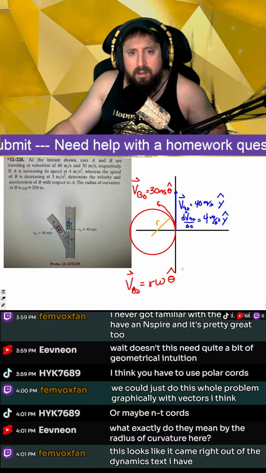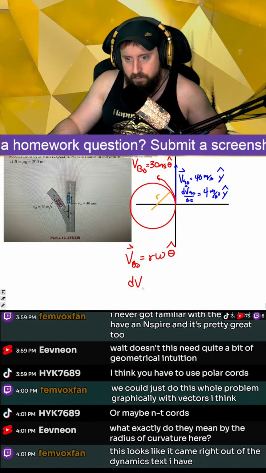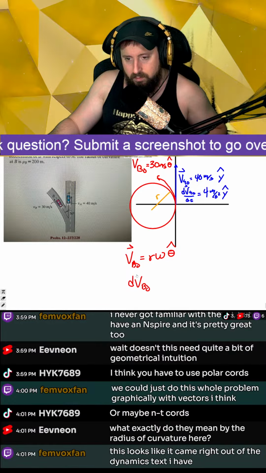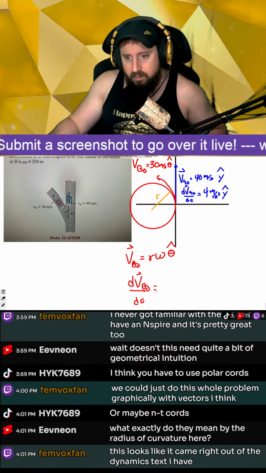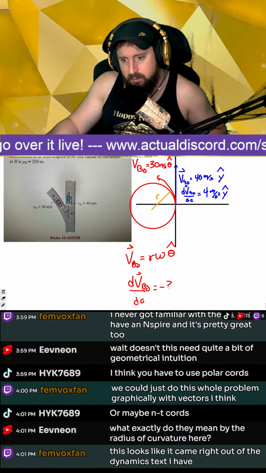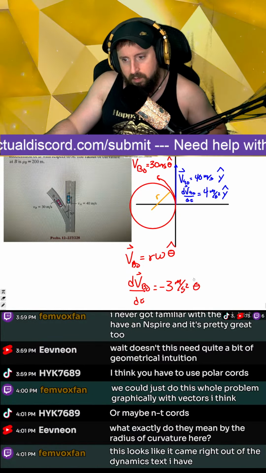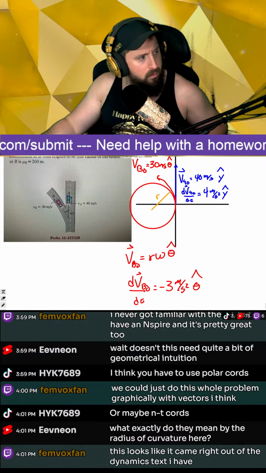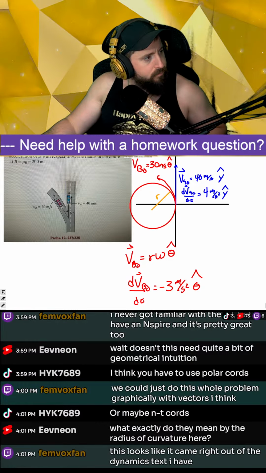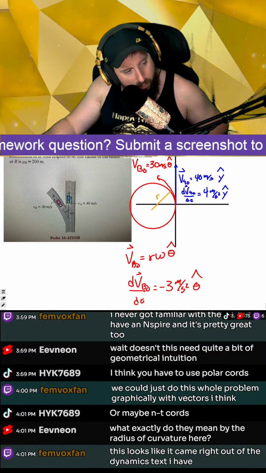And then the acceleration, dVB naught/dt, that's equal to -3 meters per second squared in the phi hat direction, right? We following along so far?